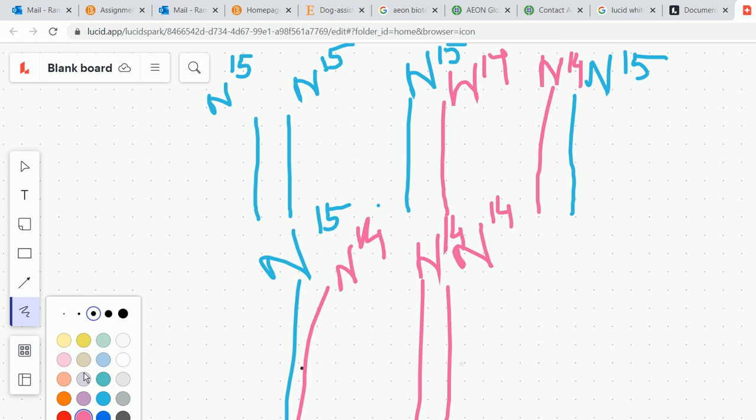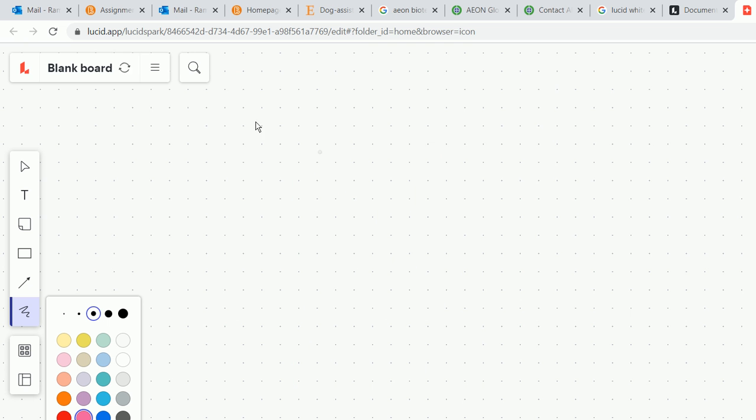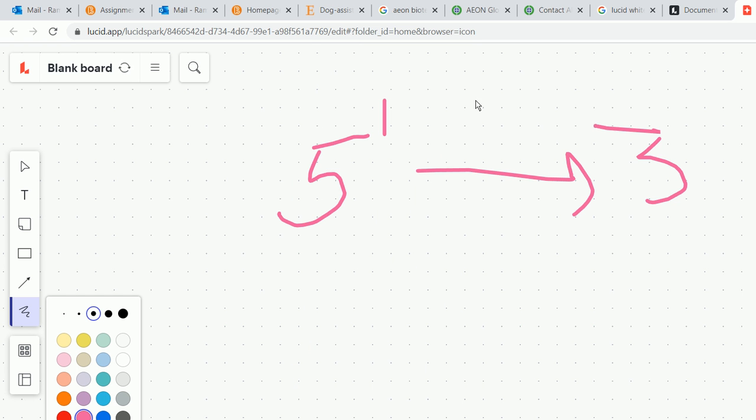Let me go back to the board and show you here. So it works in 5' to 3' direction. Something very important to know about DNA polymerase is it needs a 3' end.